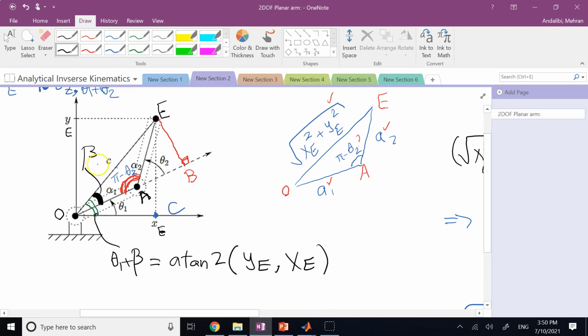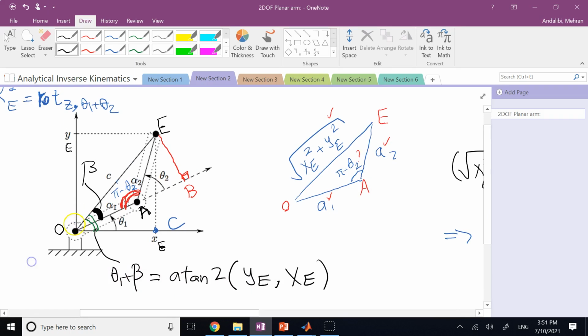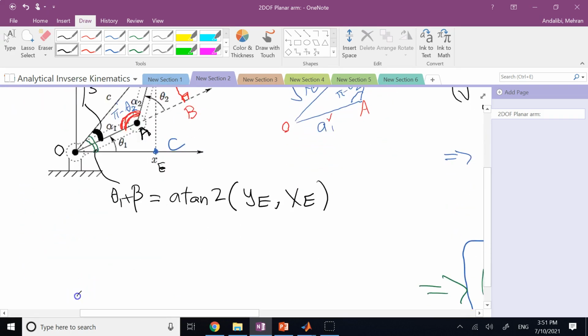Good. So if I somehow can find beta and subtract it from both sides of this equation, that gives me theta 1, which I'm looking for. Now the question is, how do I find beta? Well, for beta, you need to look at this triangle OEB, the right triangle OEB, where here is the angle beta.